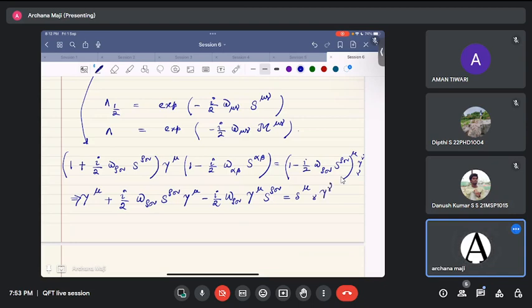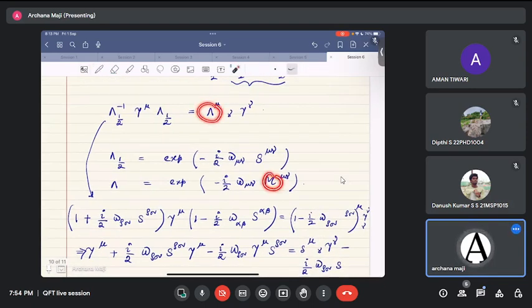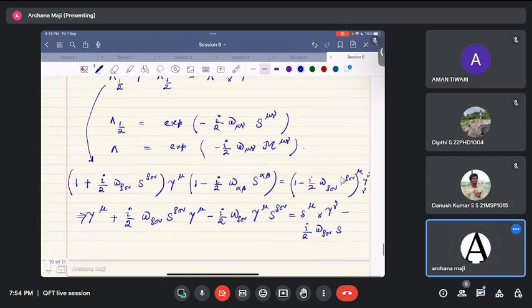Gamma^nu minus i over 2 omega_rho sigma S, sorry, this is lambda. This is the lambda matrix, which means we have M here, not S. M^rho sigma mu nu gamma^nu.